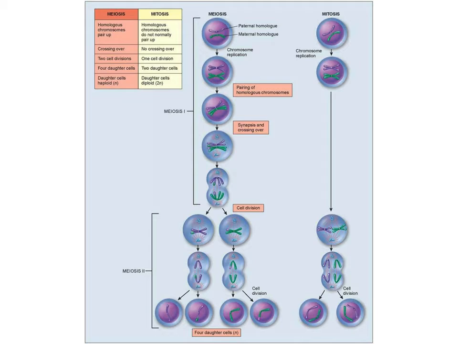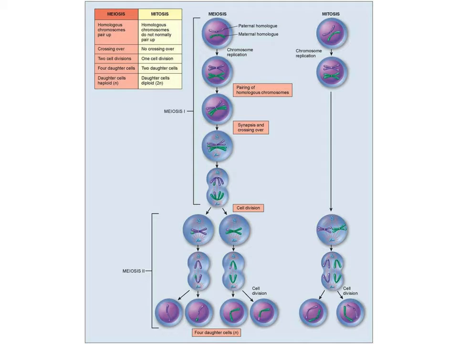So to re-examine some of the differences here, in meiosis 1, we have homologous chromosomes pairing up, whereas in mitosis, the homologous chromosomes do not ever pair up. In meiosis 1, we have crossing over events where the chromatids swap some DNA, and this does not happen during mitosis.